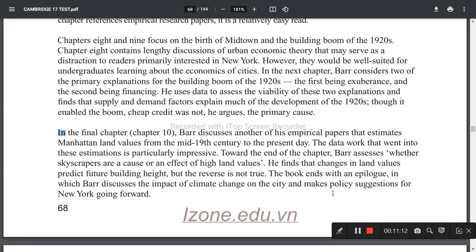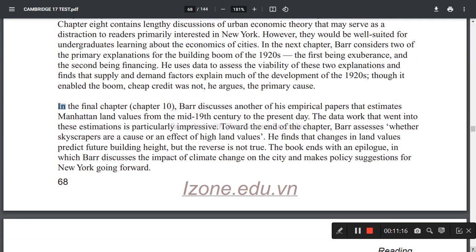In the final chapter, Chapter 10, Barr discusses another of his empirical papers that estimates Manhattan land values from the mid-19th century to the present day.